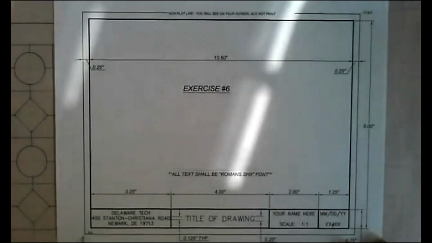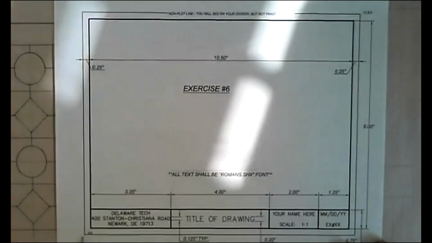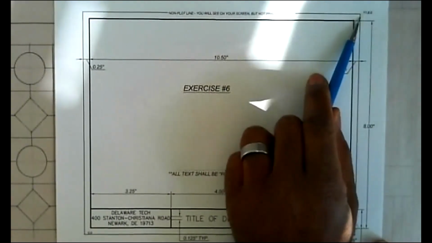We're going to start the title block from absolute coordinate 0,0. And here's the upper right corner, right there.